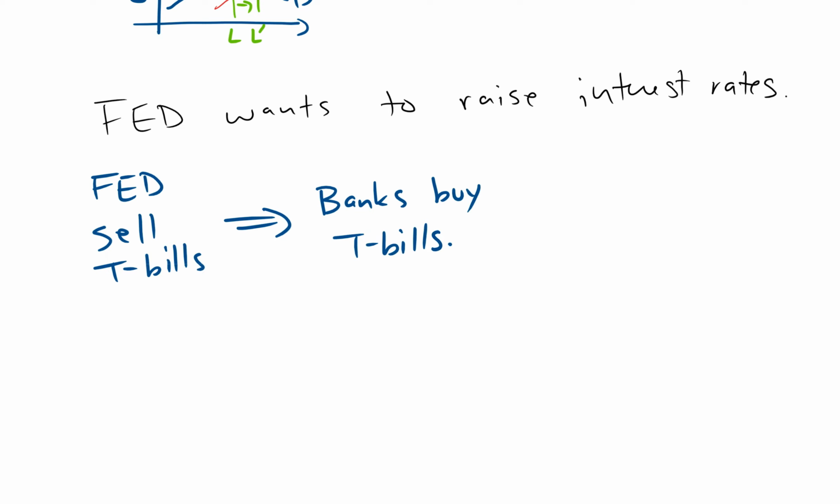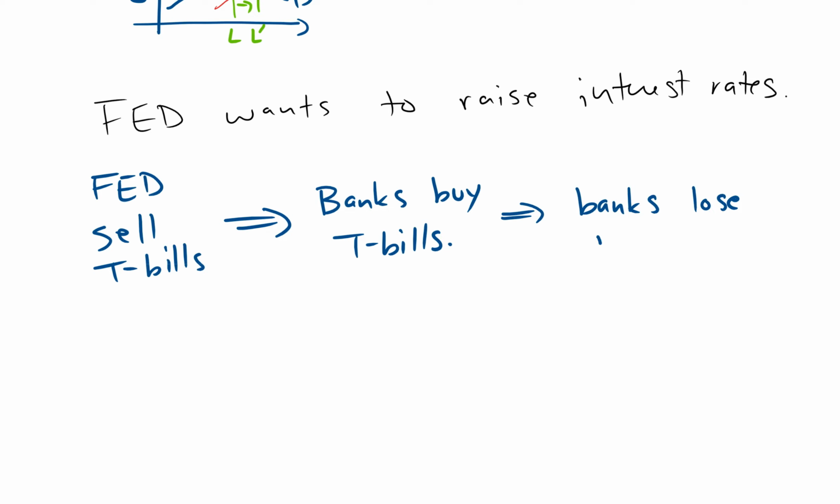When I say they're selling these T-bills, the Fed is not actually the issuer of these T-bills. The Treasury Department is the issuer. The Fed just has them. They have some that they bought in the past or recently, and so they're going to sell them. When they do that, the banks lose reserves because the banks have to pay for these with their reserves.